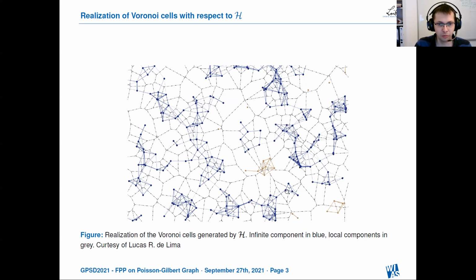You have to wander all the way around it. Controlling the graph distance between points is one of the main difficulties, and one of the reasons why we were currently not able to extend the results to Cox point processes, for example.